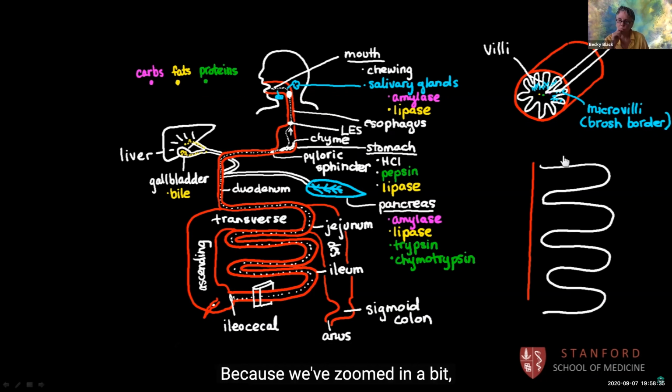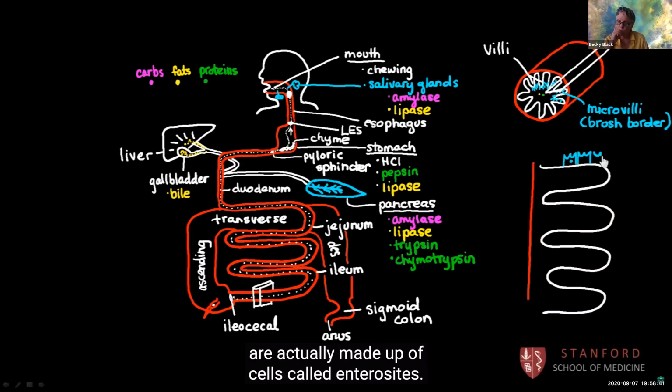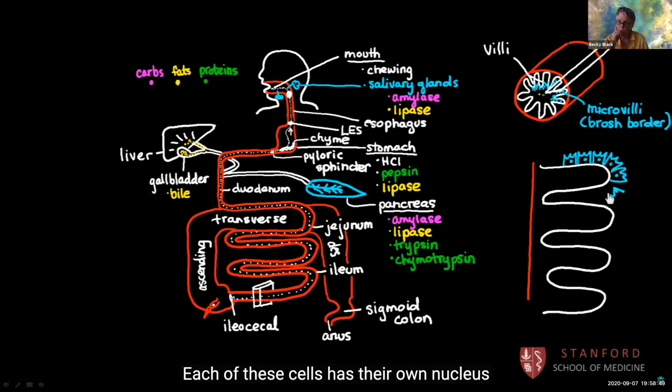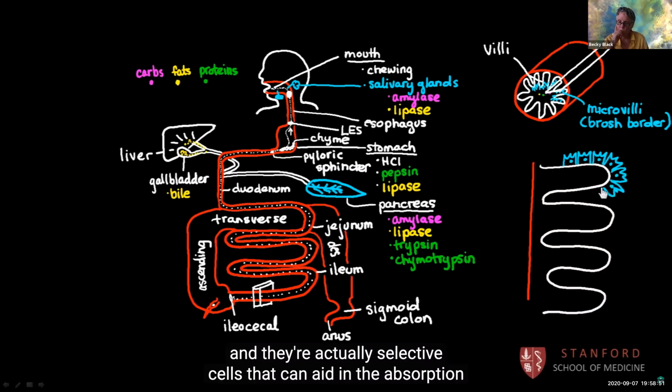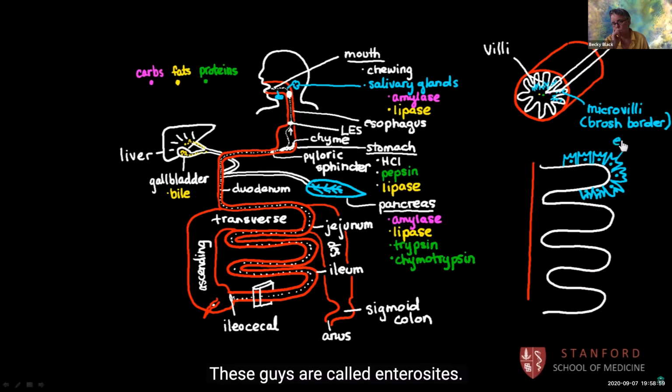Because we've zoomed in a bit, you can actually see that the brush border or the microvilli are actually made up of cells called enterocytes. And each of these cells has their own nucleus, and they're actually selective cells that can aid in the absorption of all of the important nutrients in the small intestine. So these guys are called enterocytes.